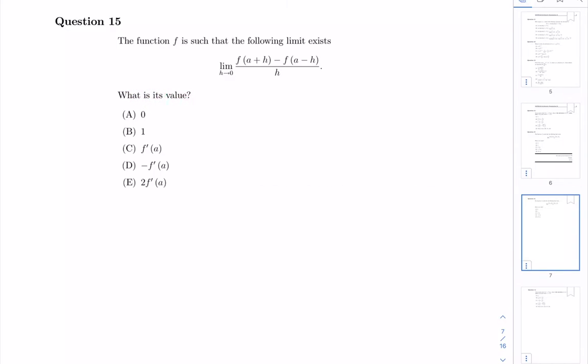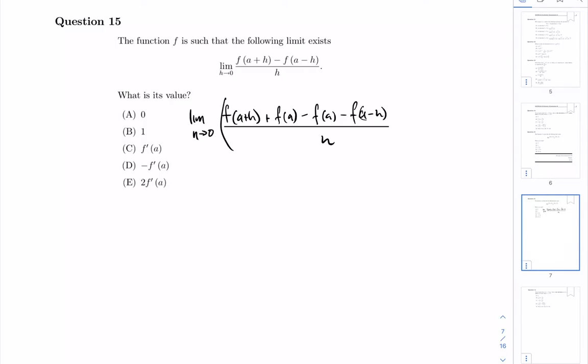To compute this limit, the first thing we want to do is take our expression and add and subtract f of a. I add f of a and subtract f of a, which keeps my expression the same as before, all divided by h.